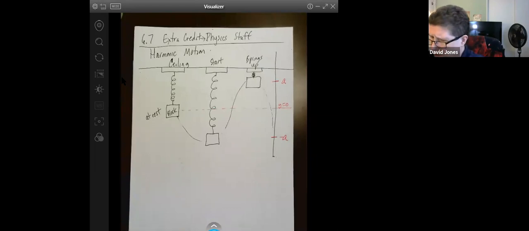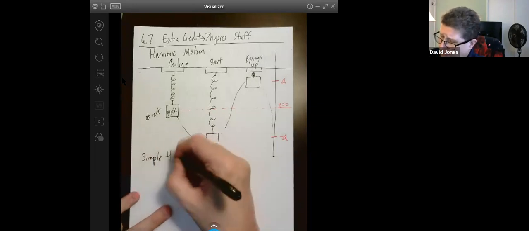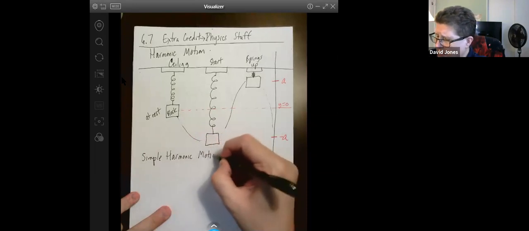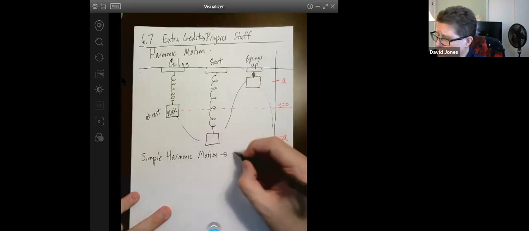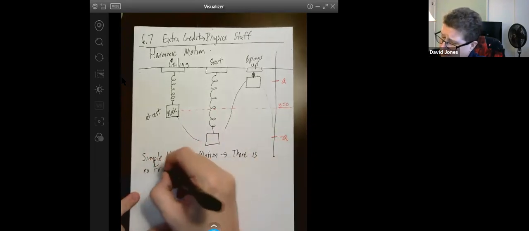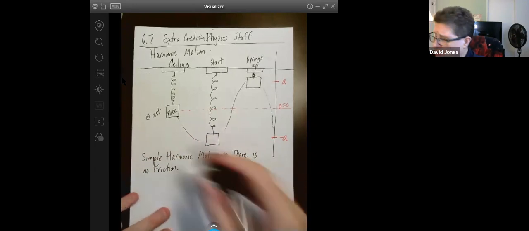Now we're going to start off with simple harmonic motion. Simple harmonic motion is where there is no friction. The air isn't slowing down or anything like that.